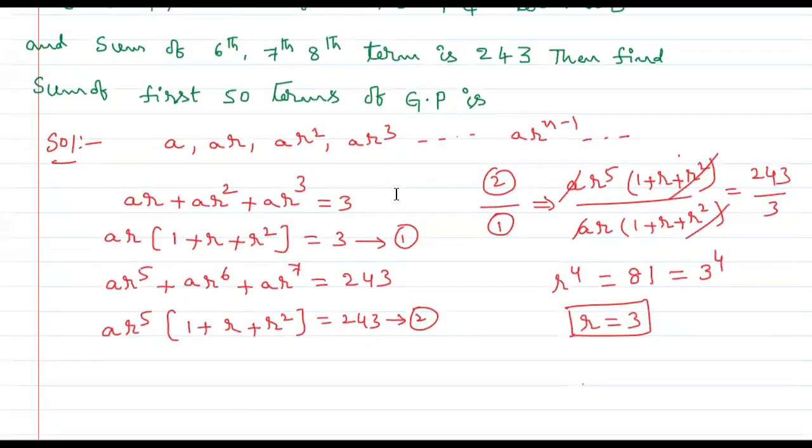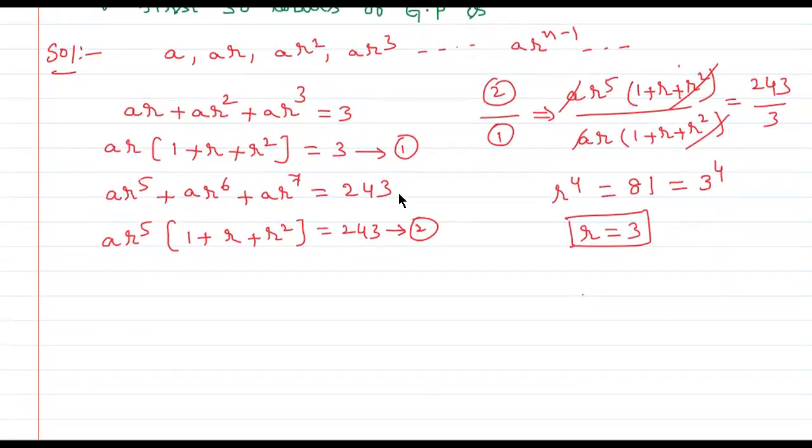Common ratio we got. Now I am going to find the A value. Substitute this in the first equation. First equation: 3A into 1 plus 3 plus 3 square, that is equal to 3. 3A is equal to how much?